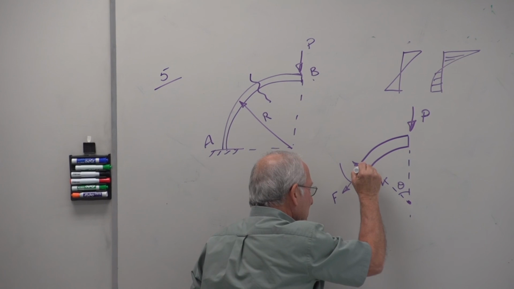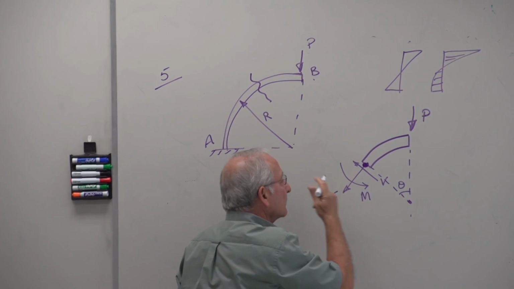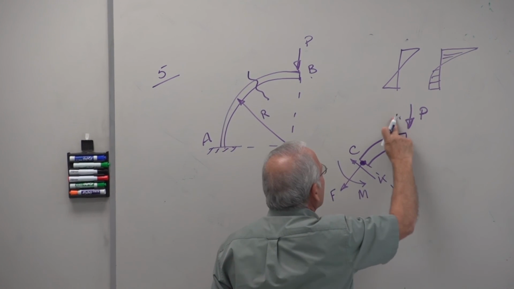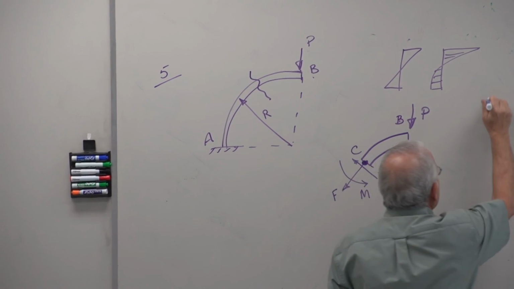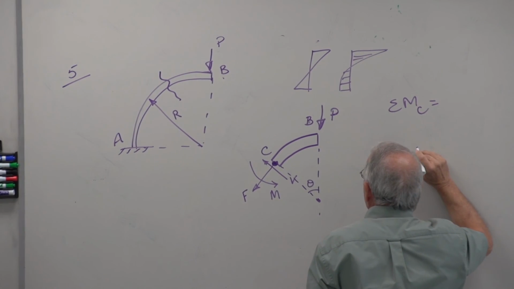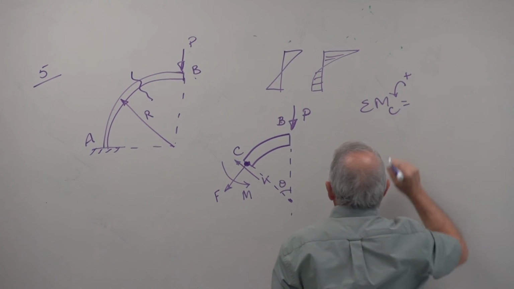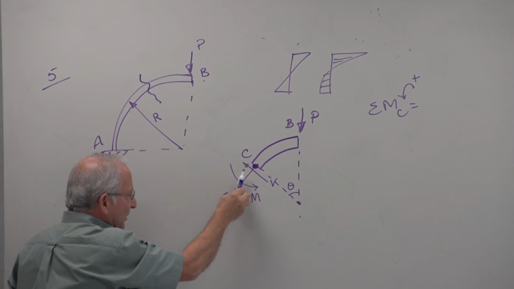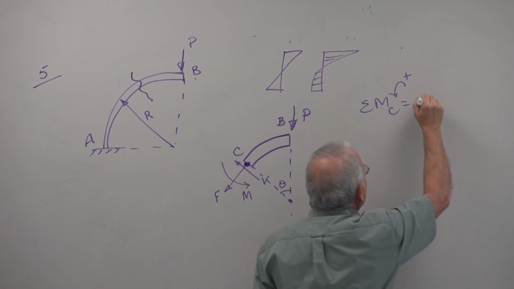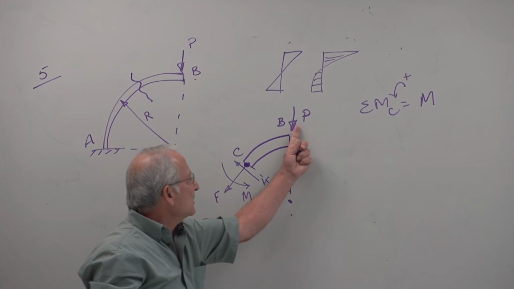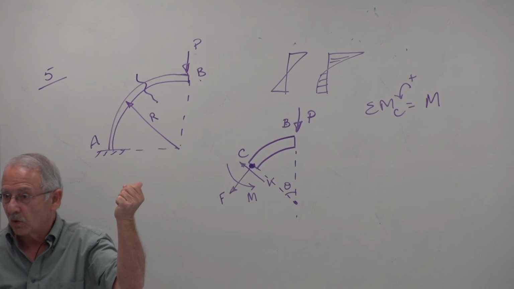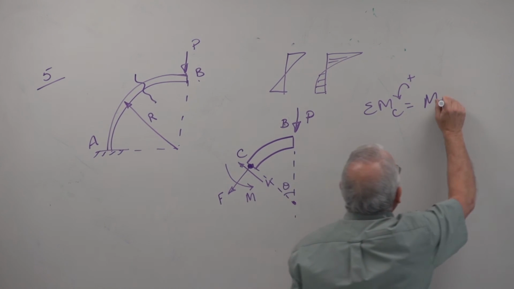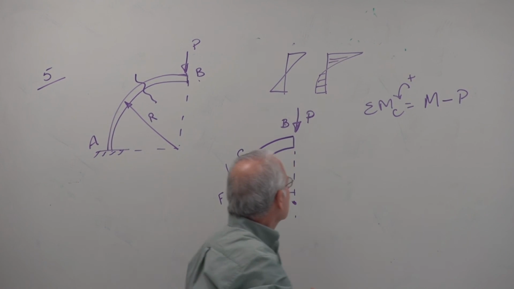So I take moments about this point, call it C. Summation of moments about C is equal to, taking counterclockwise as positive, we get a positive bending moment right here, M. Then the moment of this force about this point is clockwise, and therefore negative, equal to P times what?